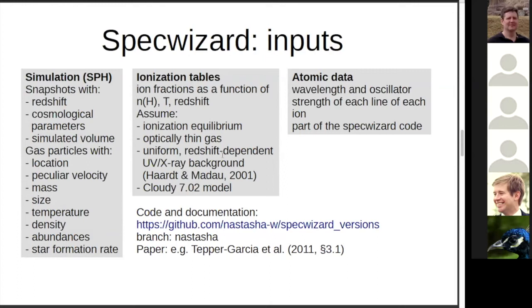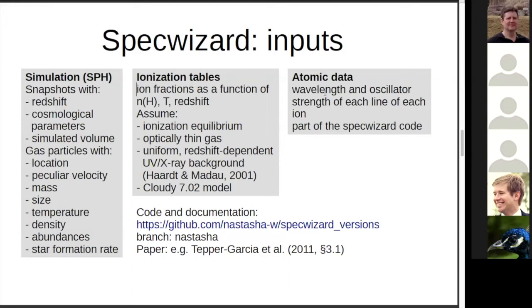This is not the most up-to-date thing out there, but there is a reason that I'm using this older model. However, SpecWizard will accept any ionization table that just tabulates ion fractions as a function of these three things in the right HDF5 file format.